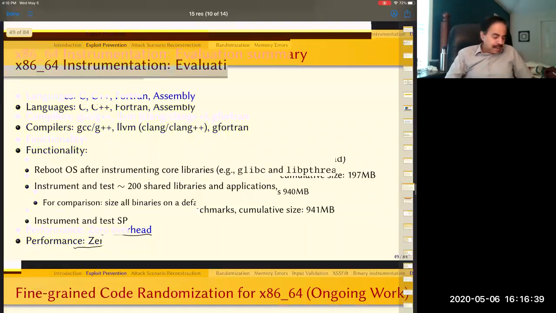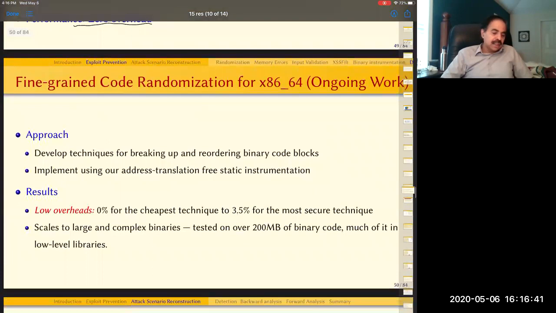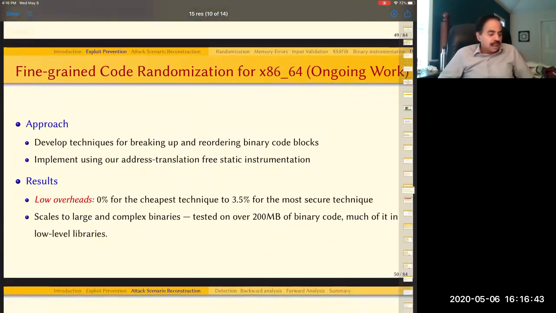And so we have specifically applied this to fine-grained code randomization. This is one of the techniques we discussed when we were discussing memory corruption vulnerabilities and attacks such as ROP, and how you can make ROP difficult by doing fine-grained randomization of code.